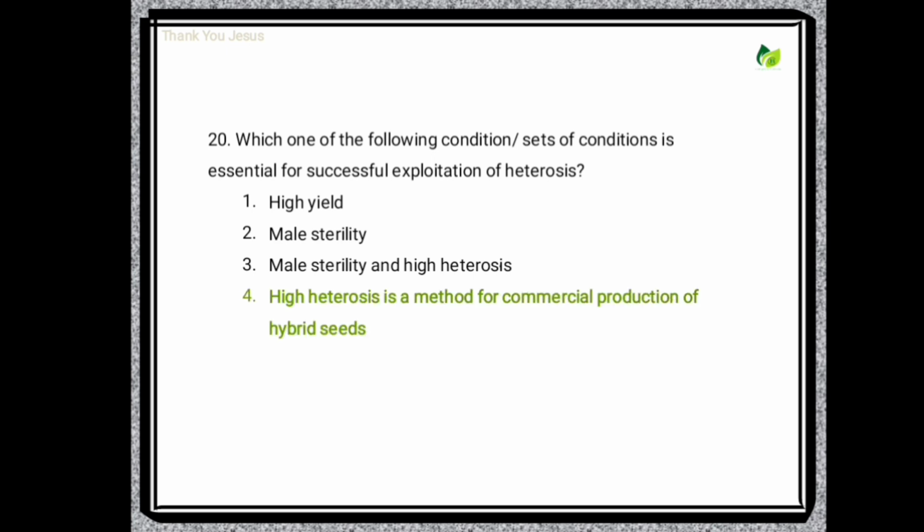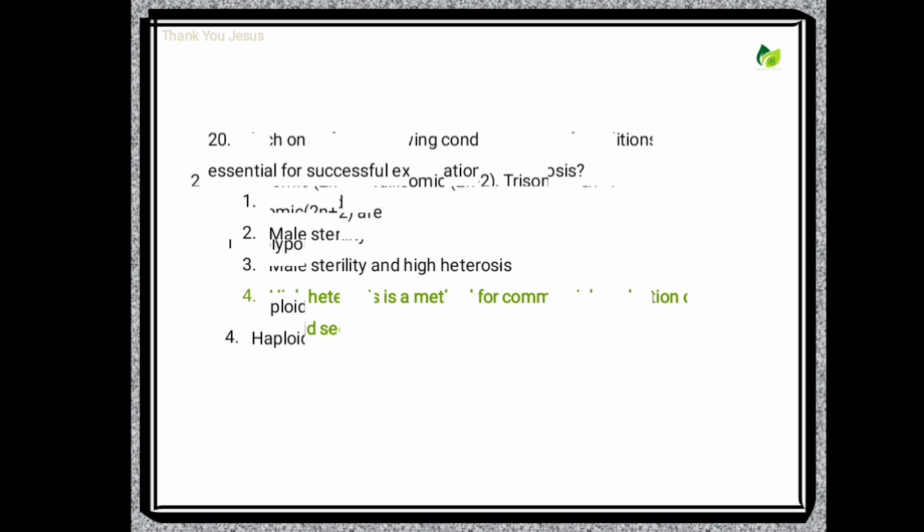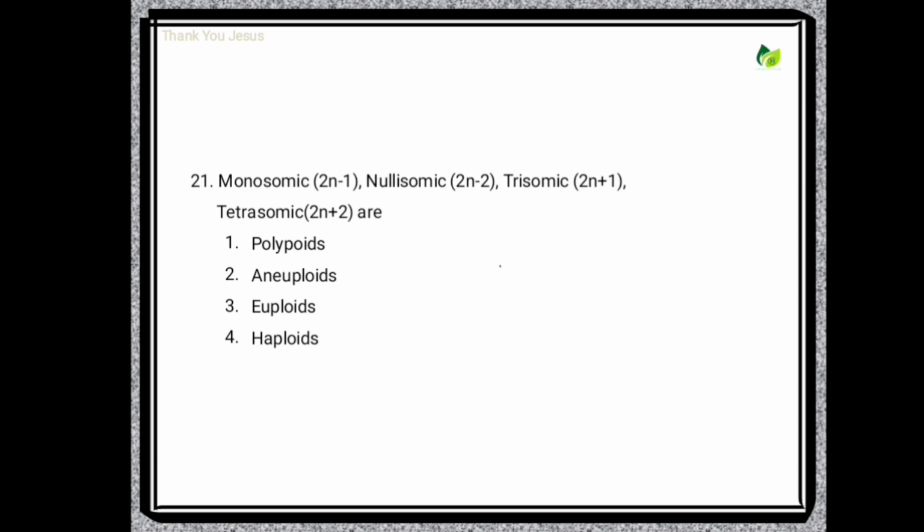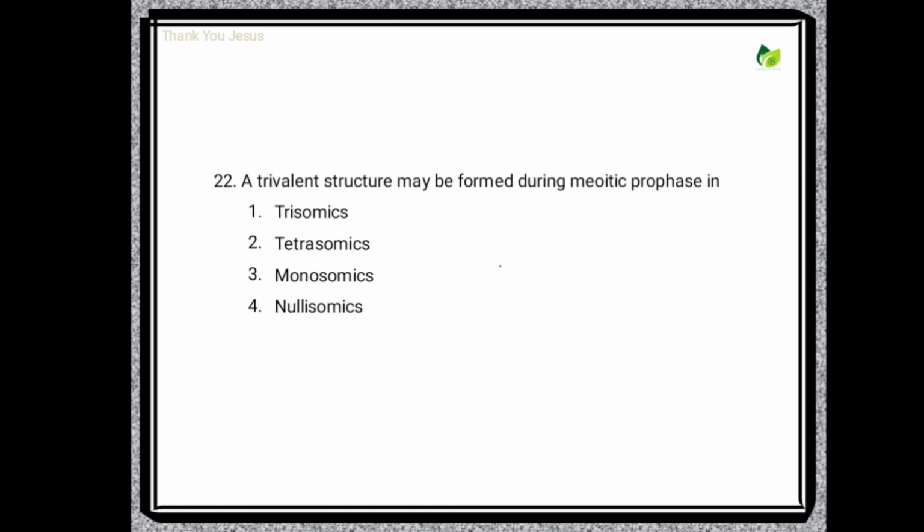The correct answer is high heterosis, a method for commercial production of hybrid seeds. Let's see the next question. Monosomic 2n minus 1, nullisomic 2n minus 2, trisomic 2n plus 1, tetrasomic 2n plus 2 are polyploids, aneuploids, euploids, haploids. The correct answer is they are aneuploids. Let's see the next question.